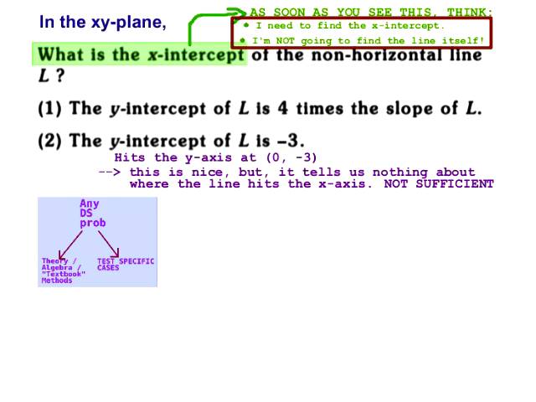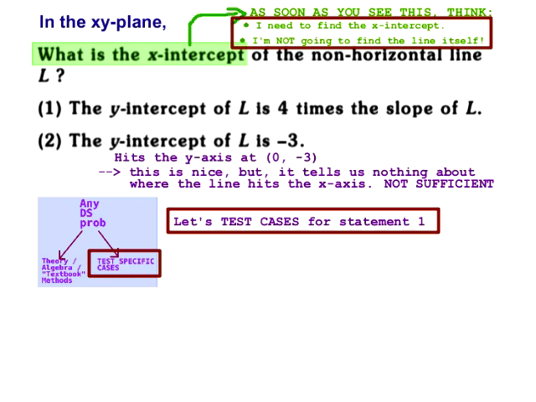Let's do testing cases for statement 1. How do you do that? Like, what does a case look like for statement 1? Like, what are you actually picking?